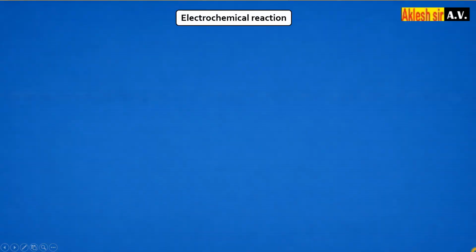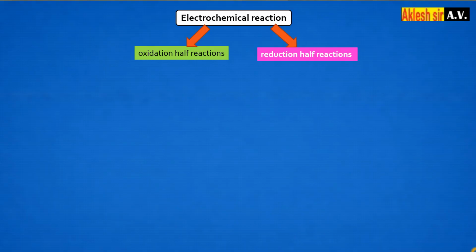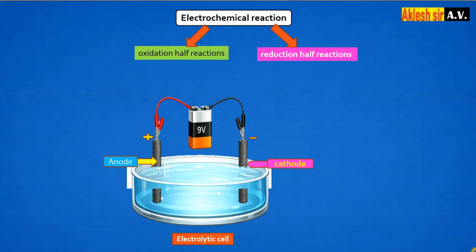Electrochemical reactions are made of oxidation half reaction and reduction half reaction. Consider electrolytic cell containing sodium chloride in the form of cation Na+ and anion Cl-.